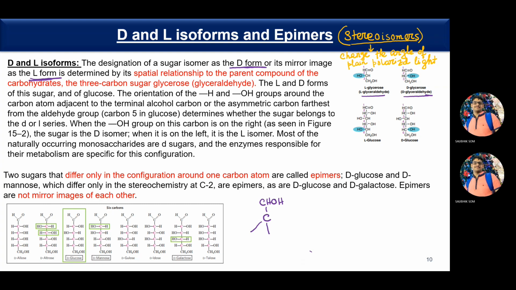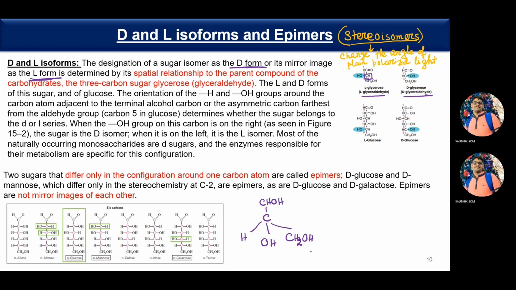There will be three more things. If I consider only this particular carbon C, the other R groups are H, OH, or CH2OH, correct.